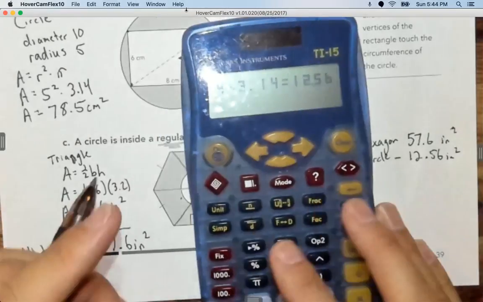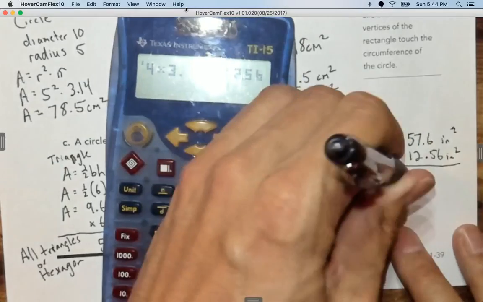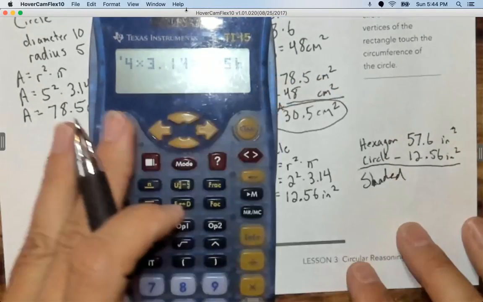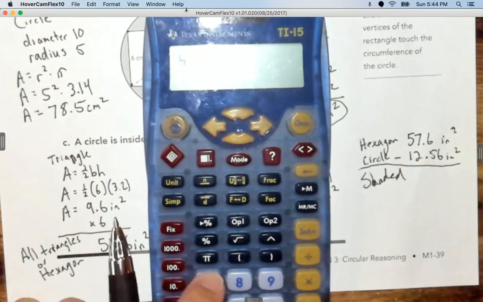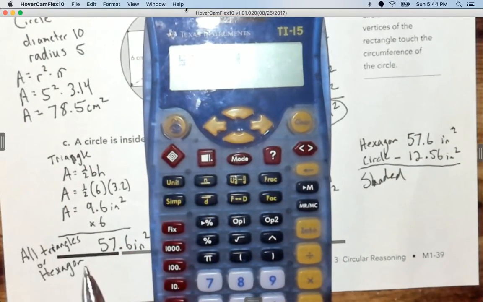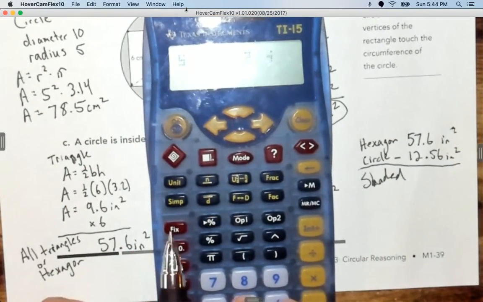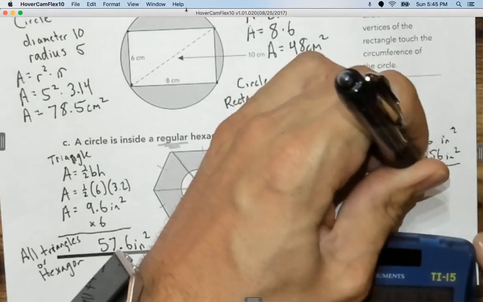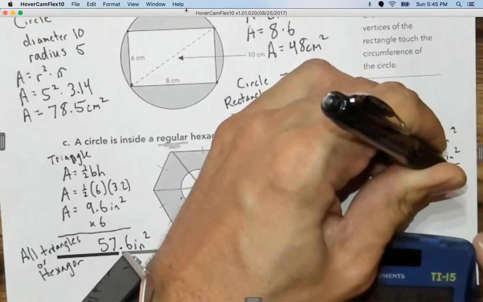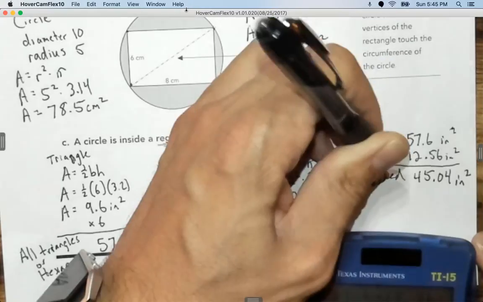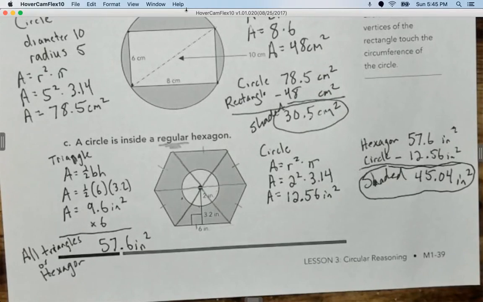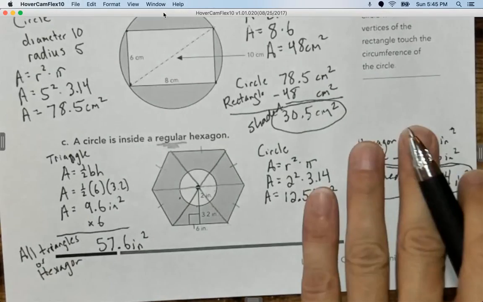And then what I'm left with is just what is shaded. So 57.6 minus 12.56. And that gives me a shaded region of 45.04 inches squared. And that is the end of the examples of those types of problems.